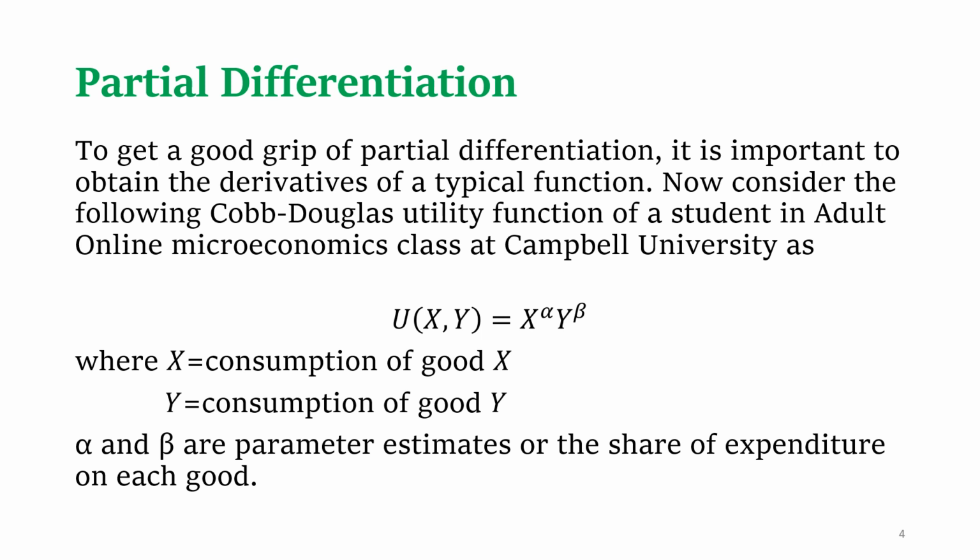Let's say at the end of the week, when you get your weekly pay, you want to only spend your money maybe on two goods, right? You want to spend them on two goods, like let's say X and Y.